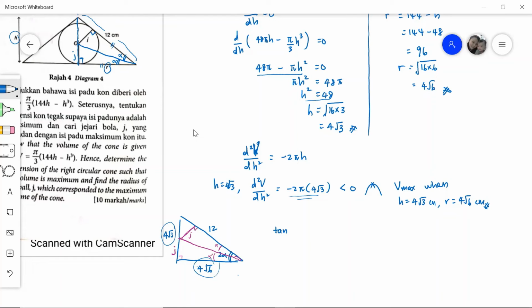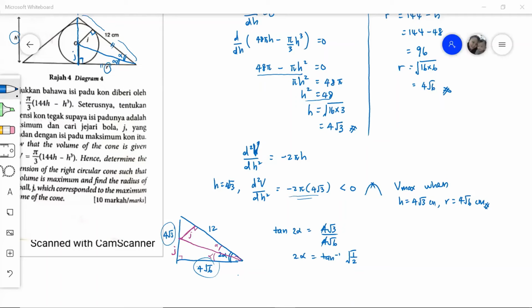The angle is 2 alpha. Tangent 2 alpha is the ratio of the opposite side to its adjacent side, so 4 root 3 over 4 root 6. Therefore, 2 alpha will be arctangent of 1 over root 2, because this is simplified and we can combine the root 3 and root 6.